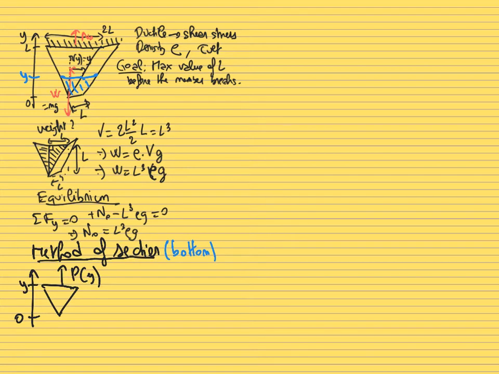Then we need to write that this portion of the member is at equilibrium. If the member is at equilibrium, then every portion of this member also has to be at equilibrium. In this case, we are missing one force, which is the weight of the bottom section. Remember that since we are isolating not the entire member but just the bottom part, we need to draw a free body diagram just for the bottom part.